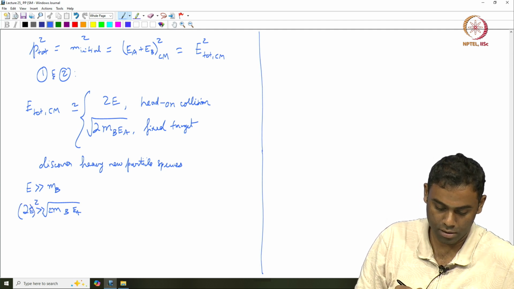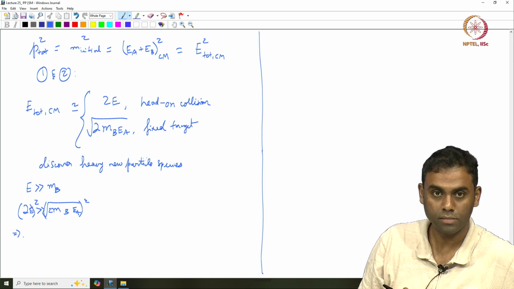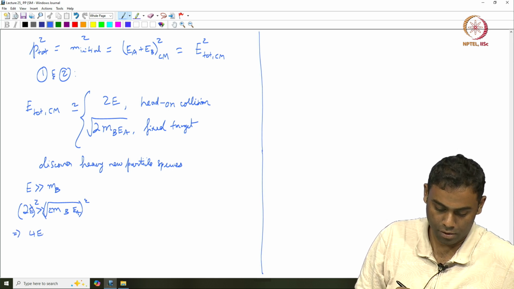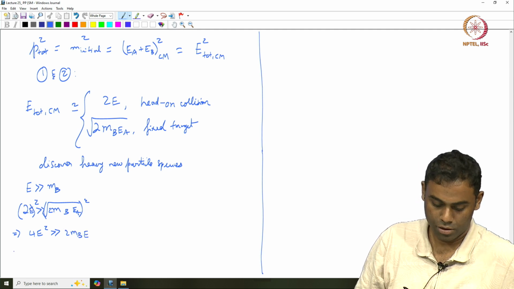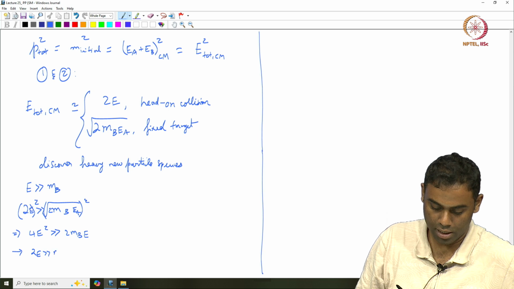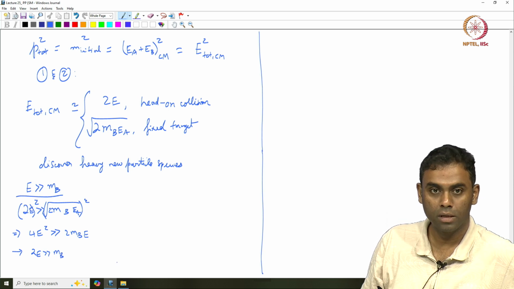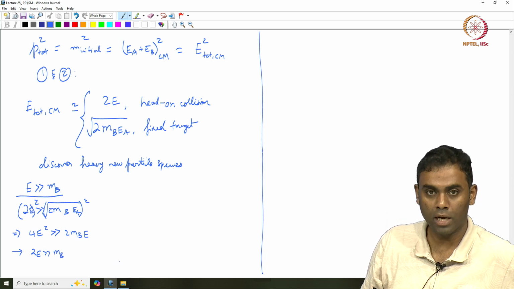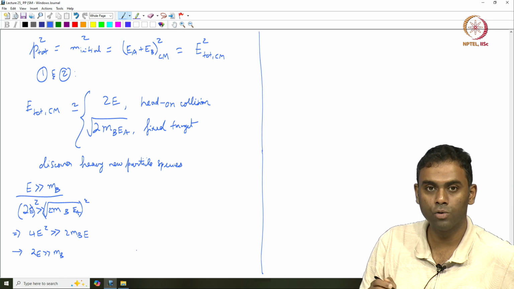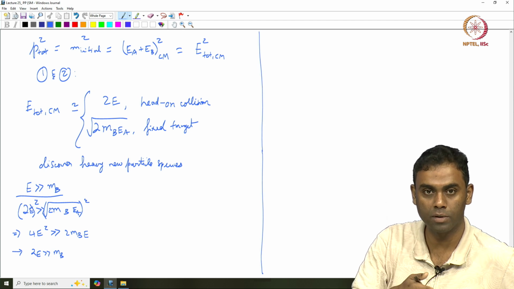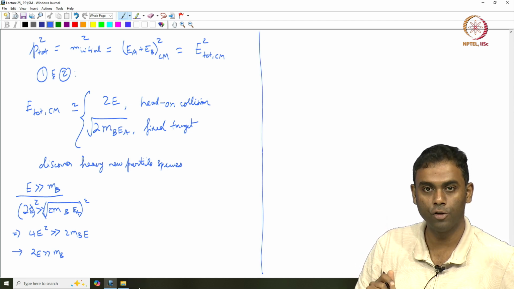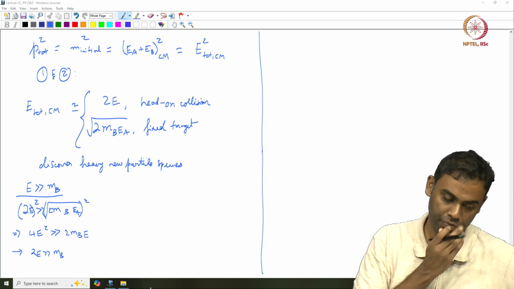So, if you square this, what happens? I get 4E square much larger than 2MBE again. So, that just gives me 2E much larger than MB. So, this is what I began with. So, as long as I have energetic beams, might as well build 2 energetic beams and collide them head on, and I am going to get a lot more energy in the center of momentum frame, so that I can discover heavy new particles. Okay.